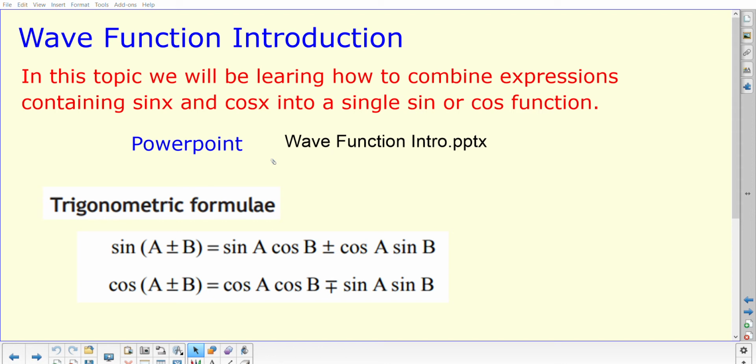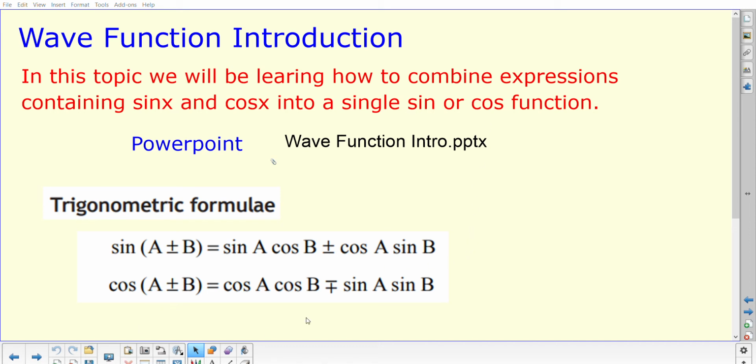So from today's lesson, we will be looking for you to go from y equals a sine x plus b cos x, so there'll be numbers where a and b are, and we will only focus on the first one here, but basically there are 4 different options, and in an exam question, they will tell you which one you are going to be using.